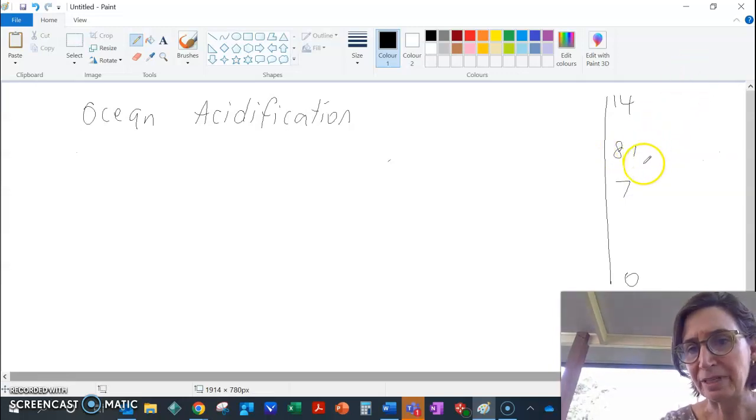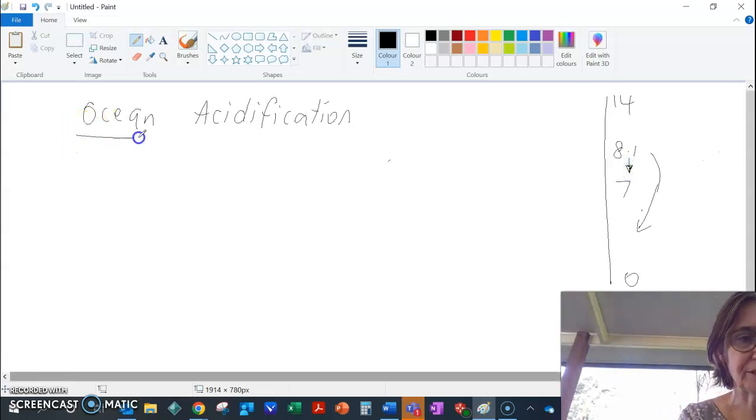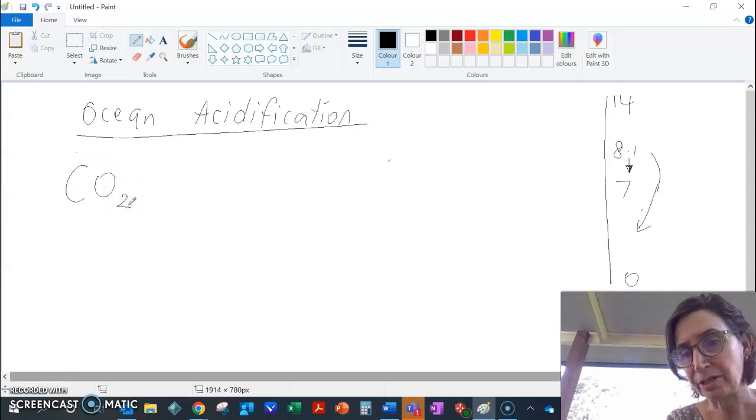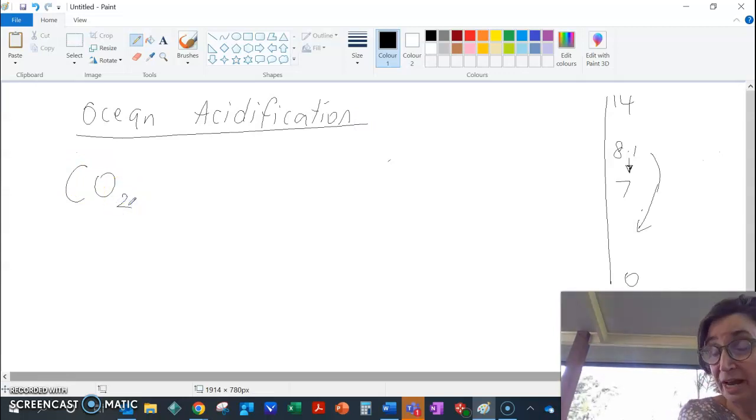So it's not becoming acidic. It hasn't passed the 7, but it's just moving more in that direction. This ocean acidification is caused by carbon dioxide, from natural sources, but primarily from anthropogenic sources.